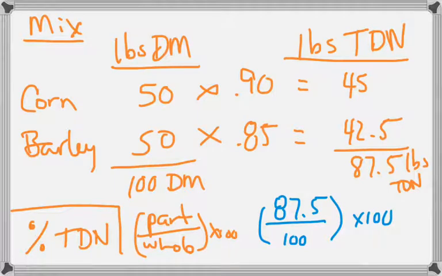So our percent TDN is 87.5%. If this is out of 100 pounds of dry matter, that's always going to be your percent of nutrient. So we were able to create a new mix. We're now going to plug in this new value as a percent TDN into an equation to solve this problem algebraically. So let's go to a new screen.